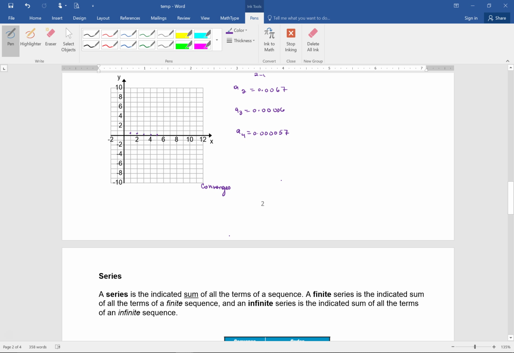These are not continuous functions. These are discrete points. They're just numbers. It's just a list. So there isn't a number between n equals 4 and 5, nothing exists in the domain between 4 and 5. You get it?